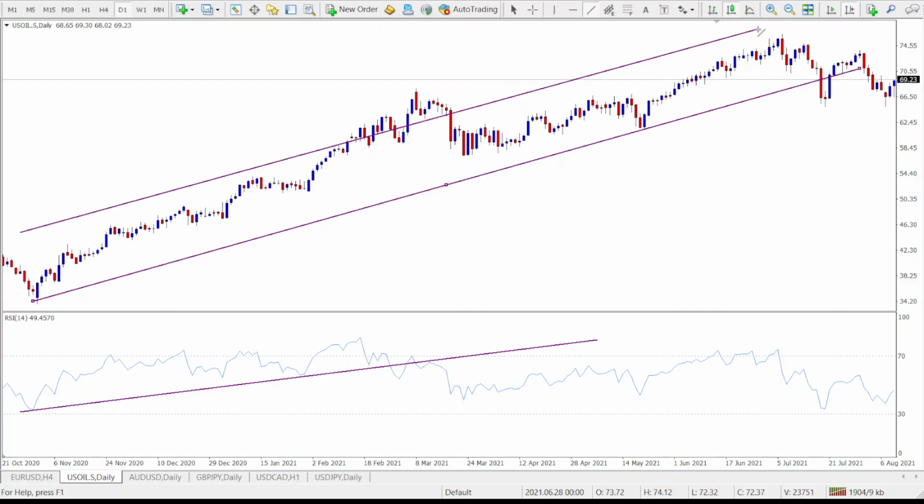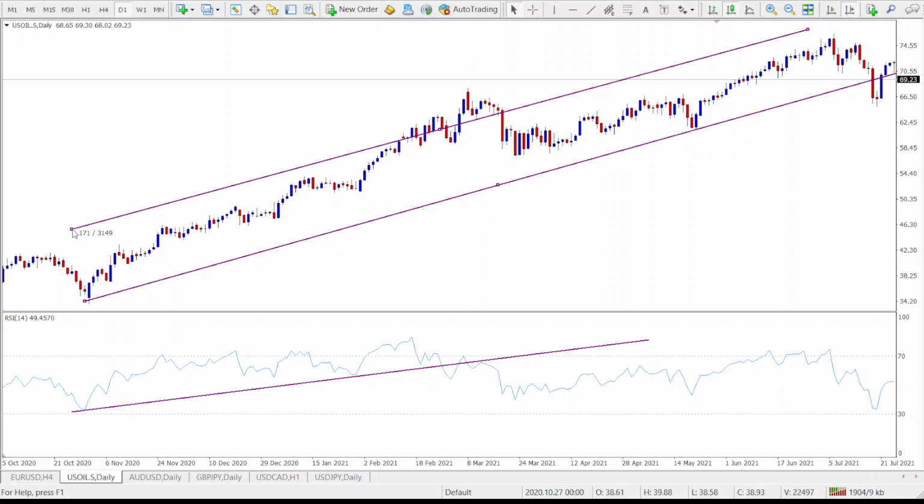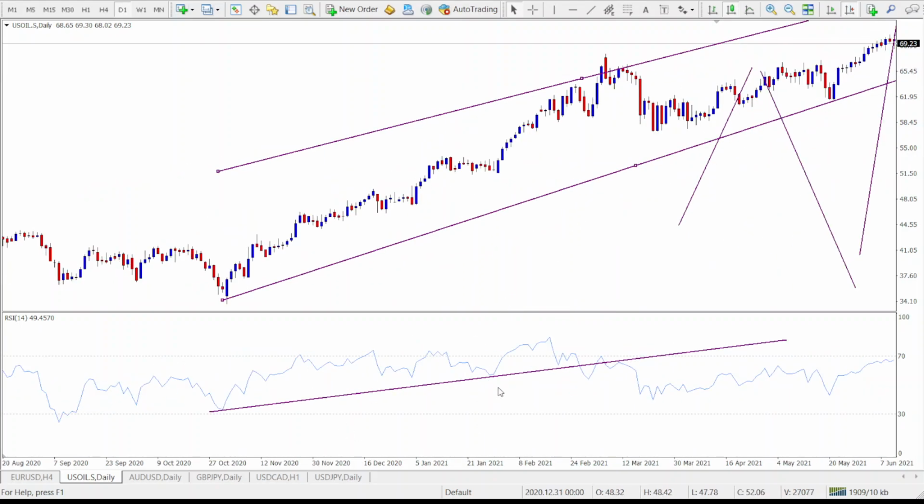So there were not a lot of price swings within the channel, unlike some cases where you see price jump up like this and then jump down and then jump up like this, and all of that. But in this situation, we had a narrow channel and price was consistently trending upwards. So the RSI followed suit, trending consistently upwards, showing strong momentum.